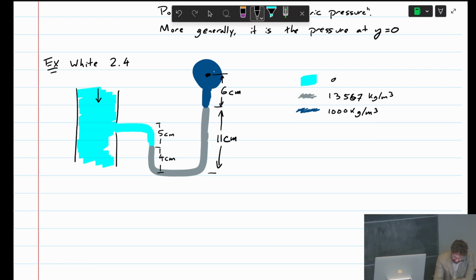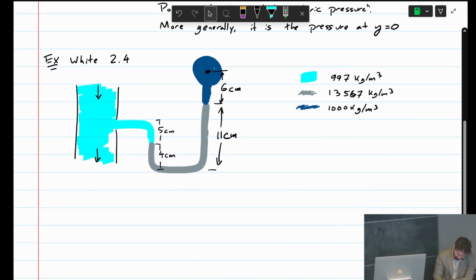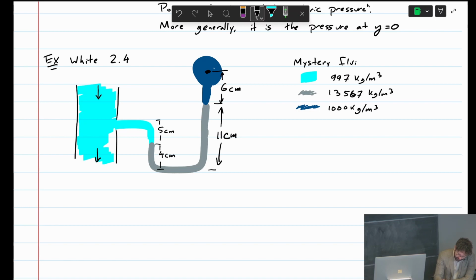The light blue fluid is 997. We don't know what these fluids are, and it doesn't really matter, so I'm going to call these the mystery fluids.